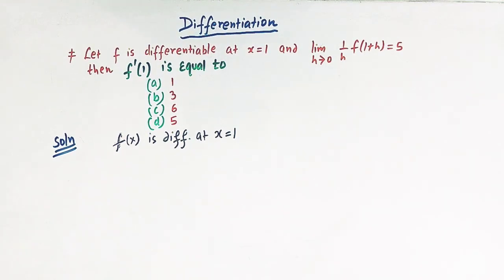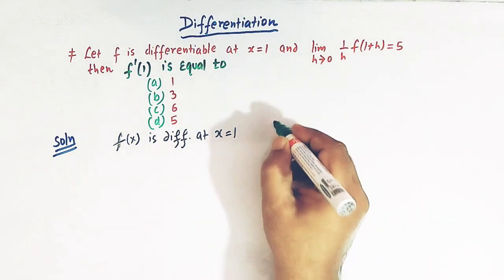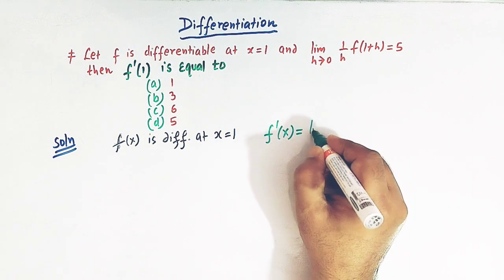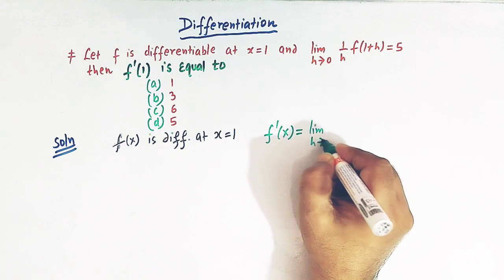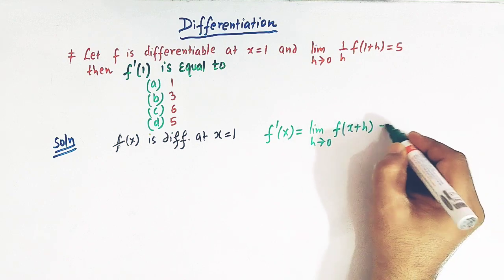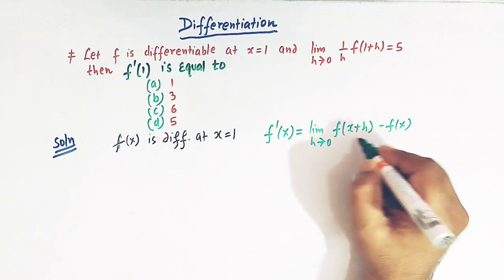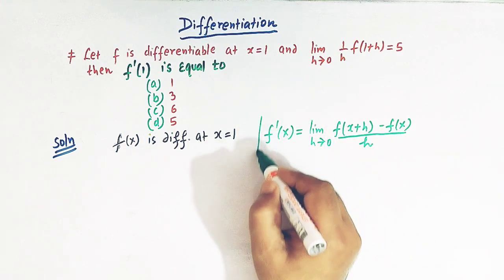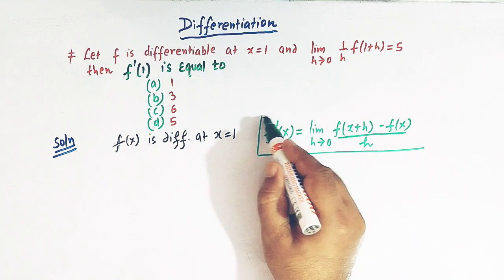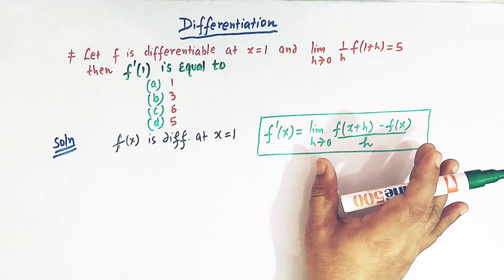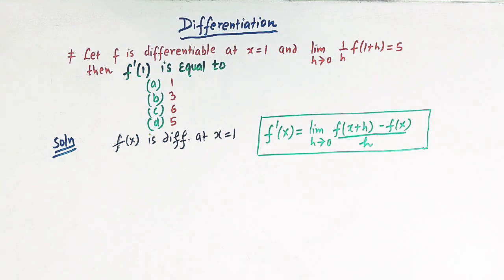The definition goes like this: f prime of x is defined as the limit h tends to 0 of f of x plus h minus f of x divided by h. This is the fundamental result in derivatives, the definition of derivative of a function.